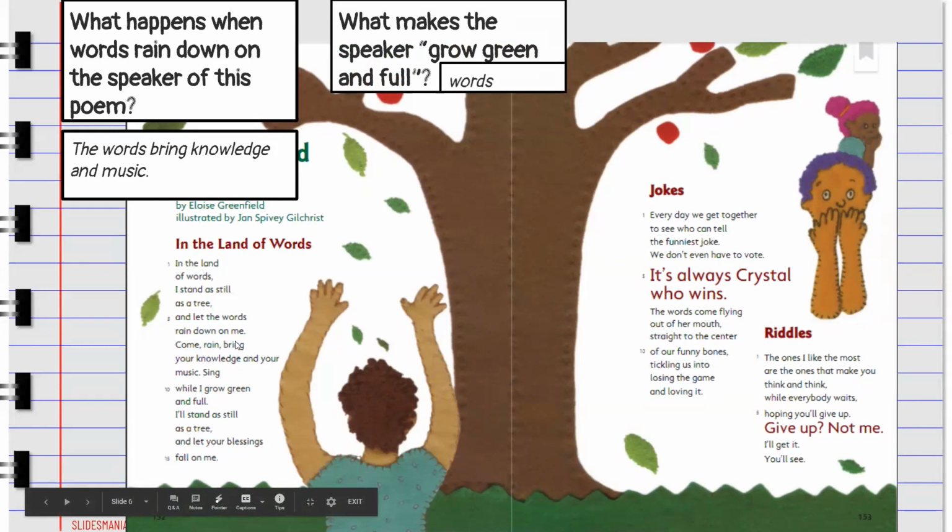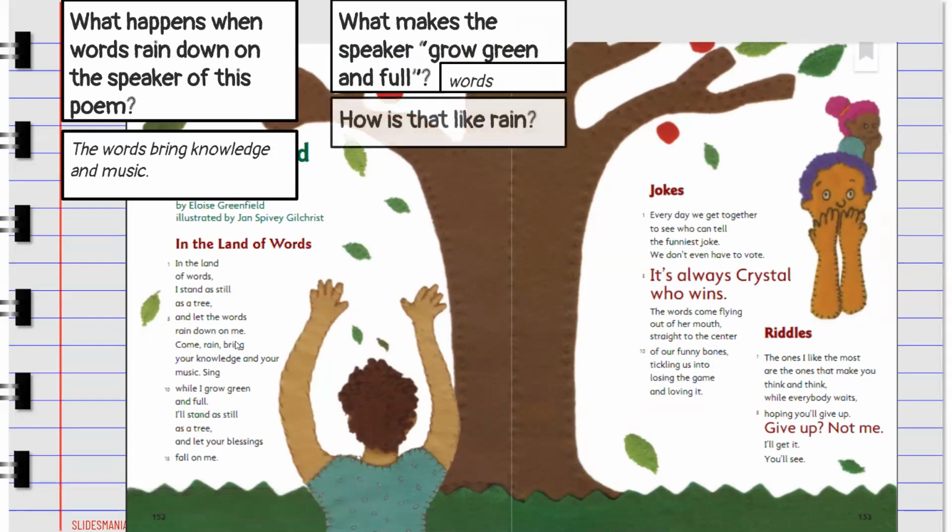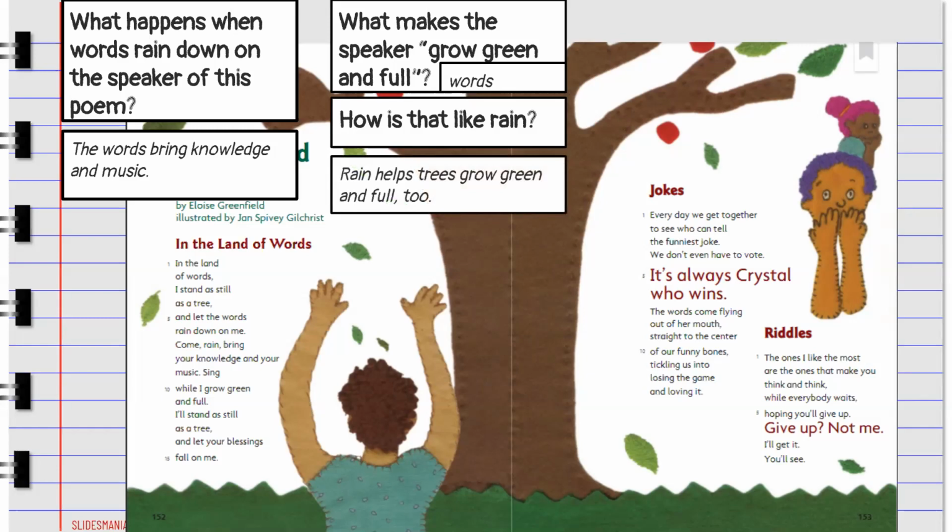So remember, the words are the things that are raining down on him. How is that like rain? Well, rain helps trees grow green and full, so the words raining down on him help him grow green and full. So that's how it's like rain, because rain helps trees grow green and full too.